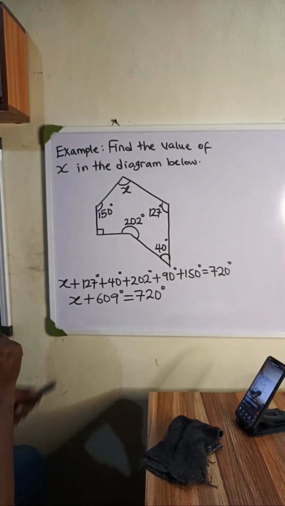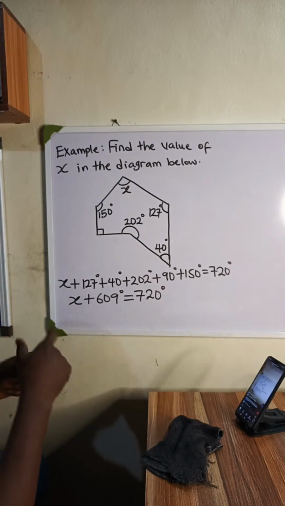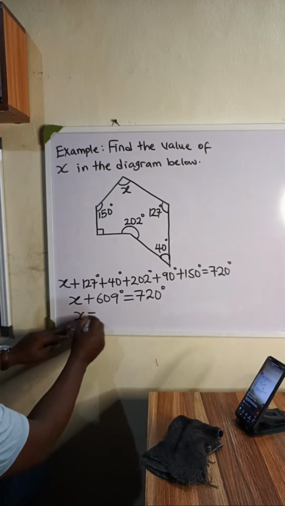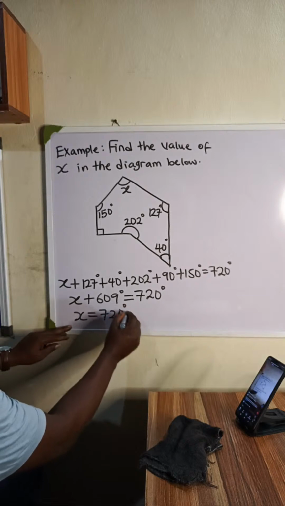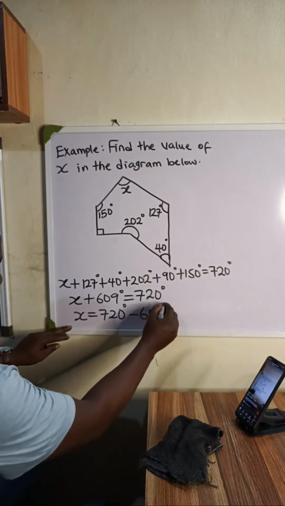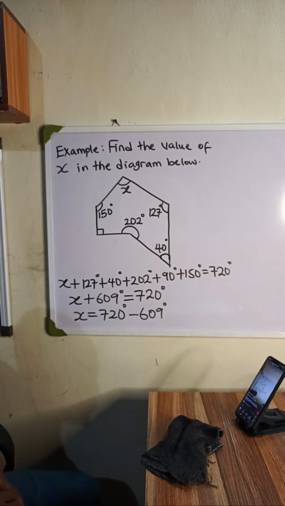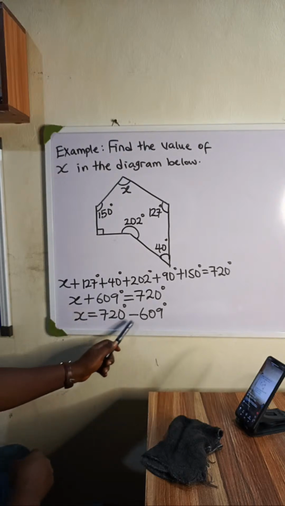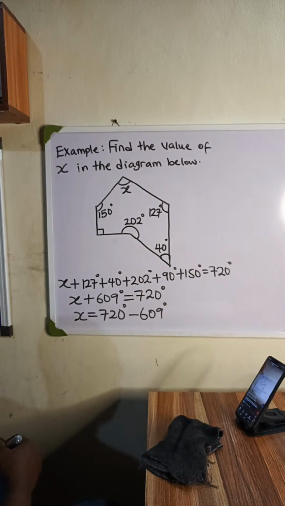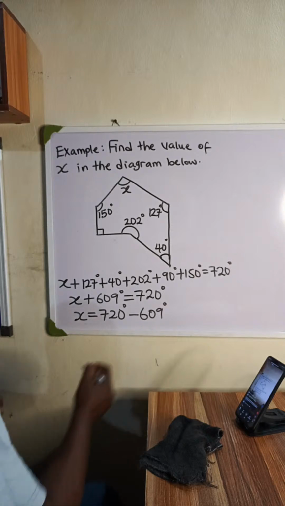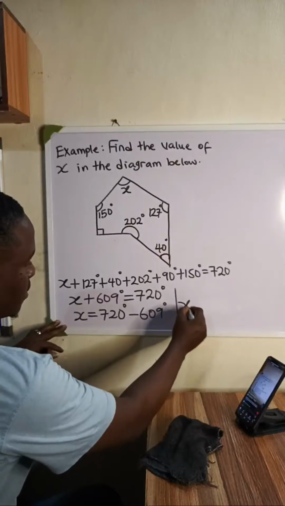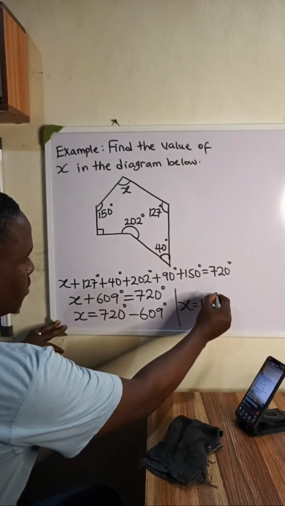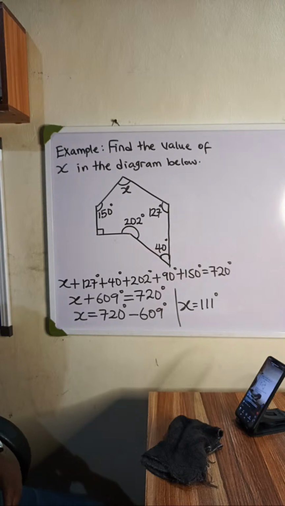So next, we move 609 degrees to the right. We have x is equal to 720 degrees minus 609 degrees. So when you do 720 degrees minus 609 degrees, you're going to have 111 degrees. So that means x is equal to 111 degrees. That becomes the value of x.